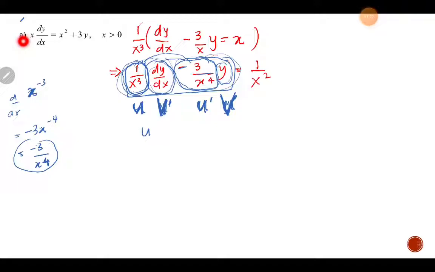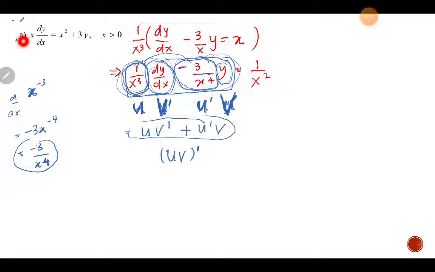So dia adalah u v prime plus with u prime v. Nampak tak? Ni sebenarnya adalah apa? Ini adalah a product rule, right? A product rule ni adalah bila kita nak differentiate hasil darab dua function, betul tak? U times with v prime.